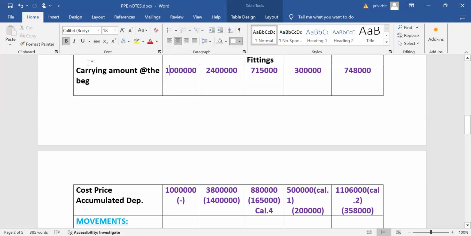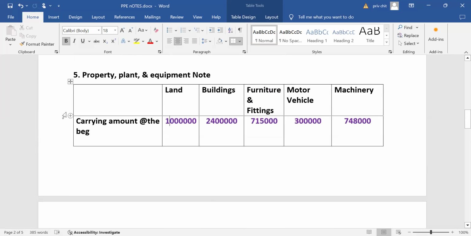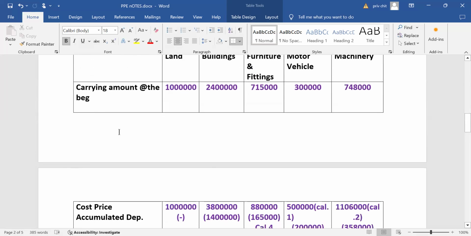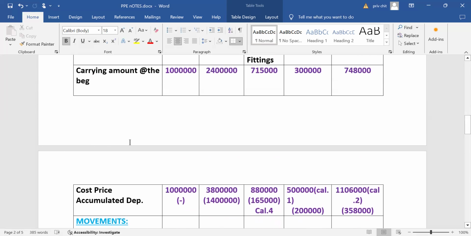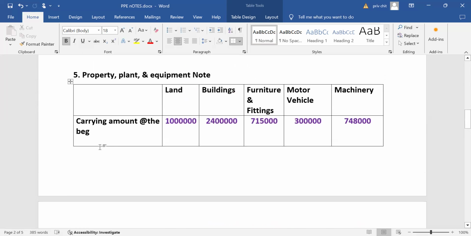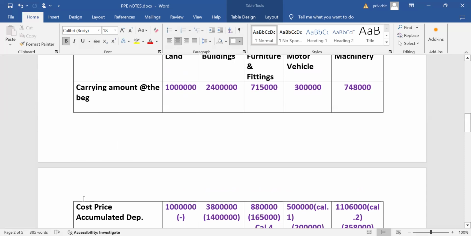So everything that you are seeing here about the carrying amount, the cost price, and the accumulated depreciation, all of these things pertain to opening balances. So everything you're looking at here has to do with balances that existed in the prior financial period that we are now using in our property, plant, and equipment for the current year as our opening balances.